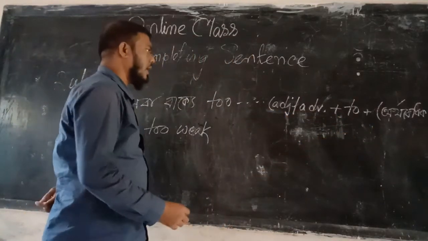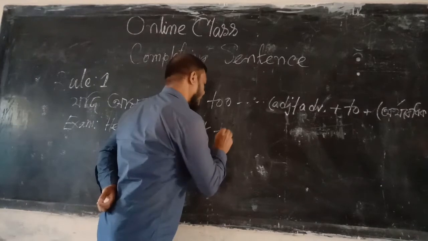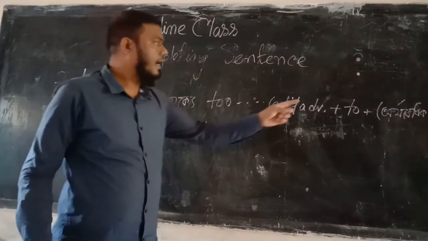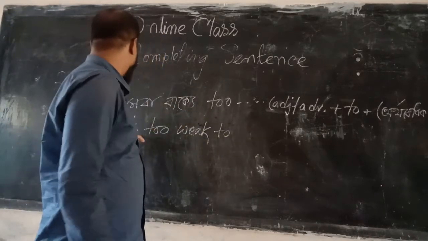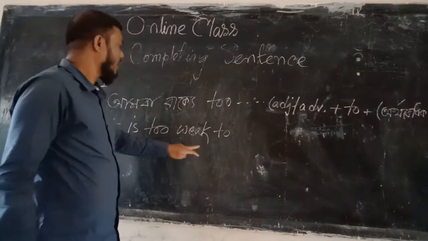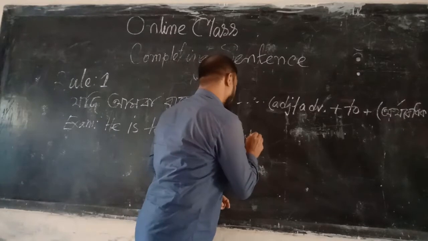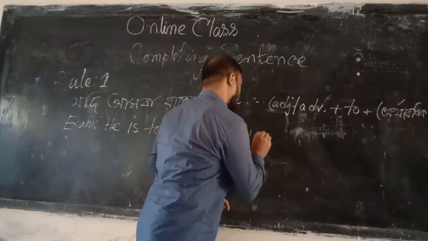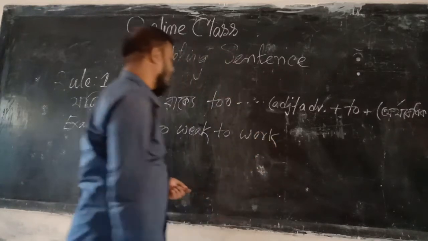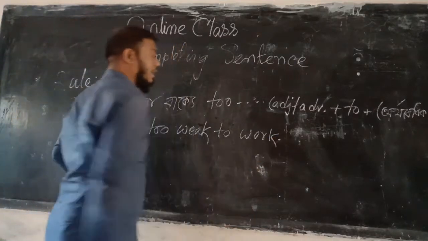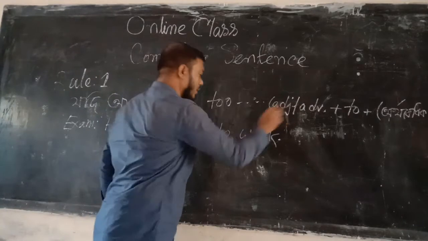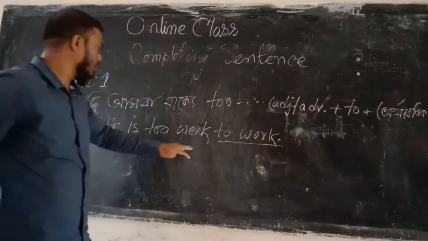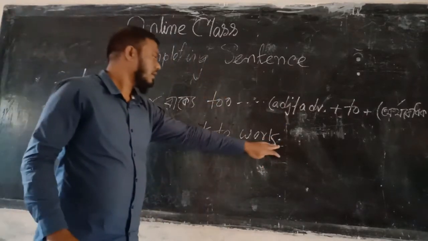We have to add "to", then a meaningful verb. That means the meaning should be related to the sentence. He is too weak to work. I hope that you have understood, because according to the structure we have used here "to" plus a meaningful word.